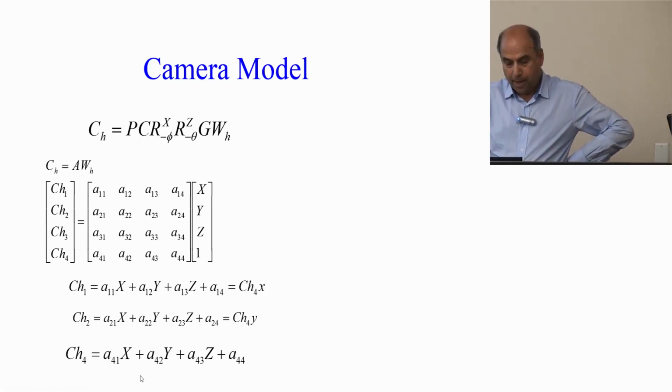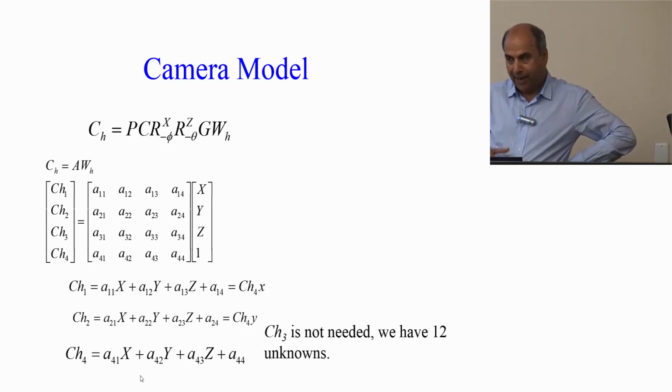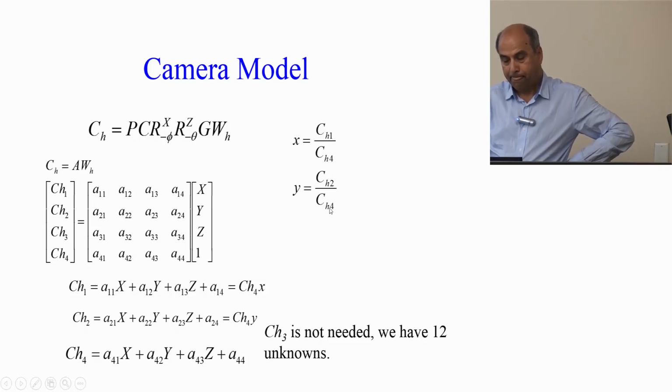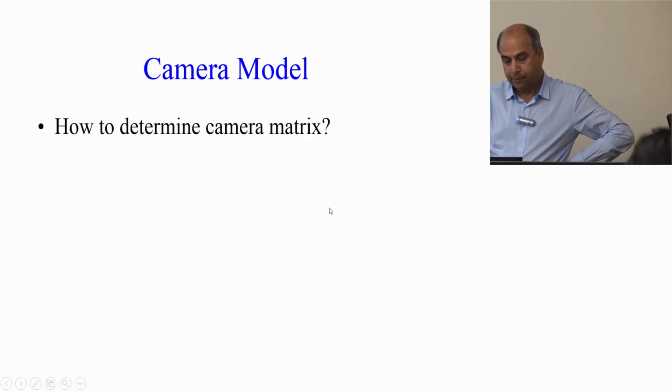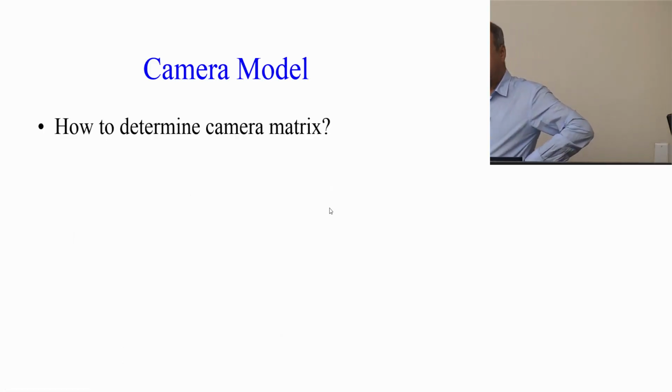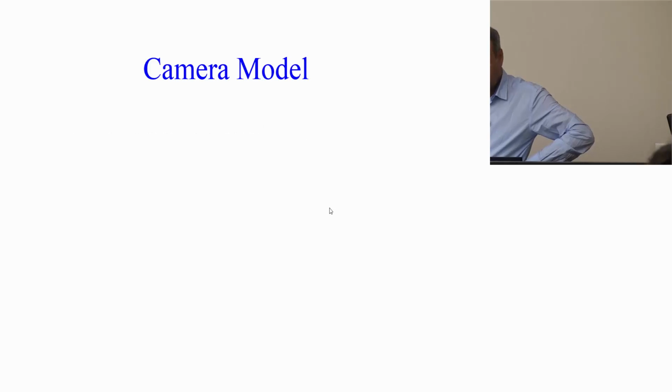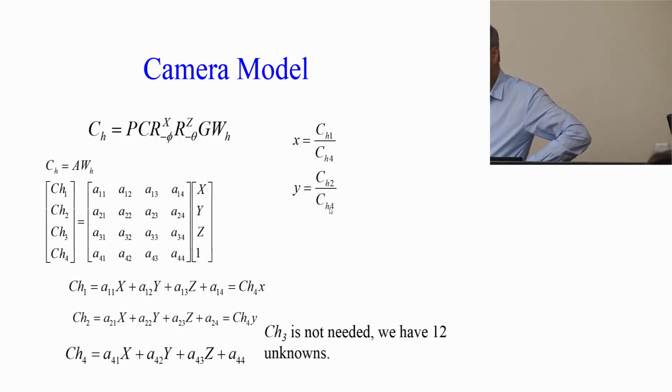So now we actually have 12 unknowns instead of 16. And once we know these homogeneous coordinates of the image, we can find the Cartesian coordinates by dividing by CH4 in both cases. So x is CH1 divided by CH4.